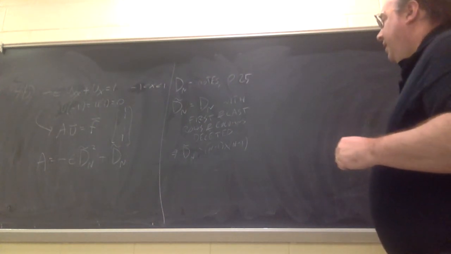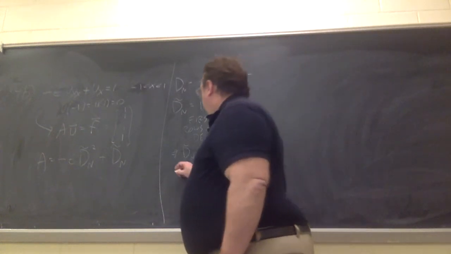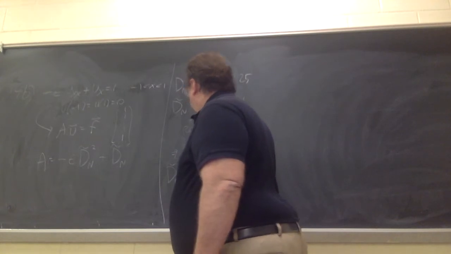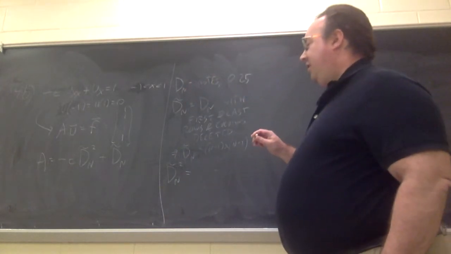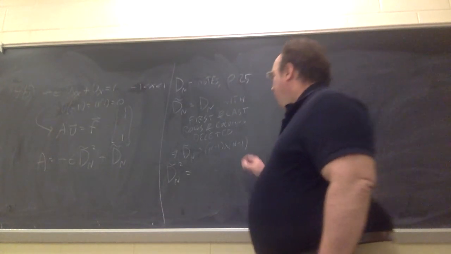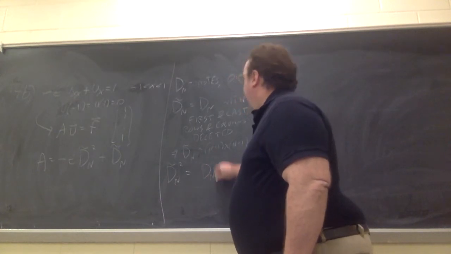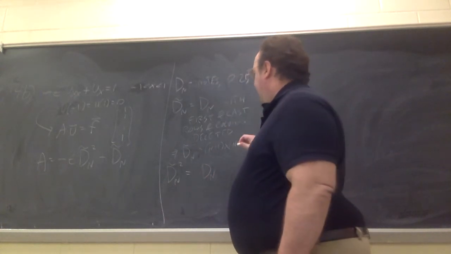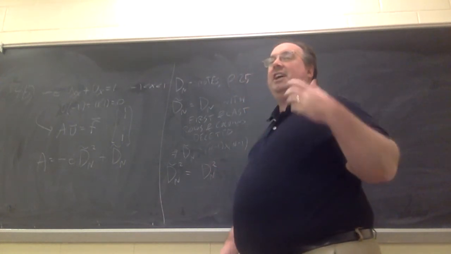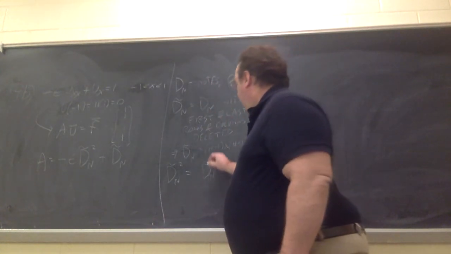Now, as for D_N tilde squared, I'll be very careful about how this is defined in terms of what order things are done. Really what you do is you take D_N, the original D_N, and square that, because then that's the second derivative operator, because the D_N by itself is the first derivative.